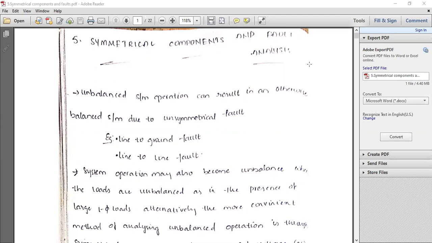As we know, unsymmetrical faults are mainly line to ground fault, line to line fault, double line to ground fault, and triple line to ground faults. Yesterday we saw Fortescue's method, the vector diagram. We are resolving the unbalanced phasors into balanced symmetrical components with the use of Fortescue's method.